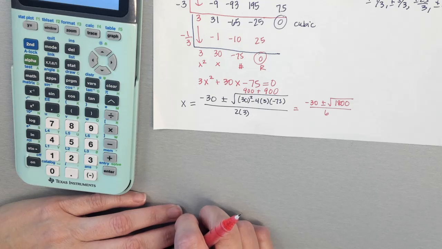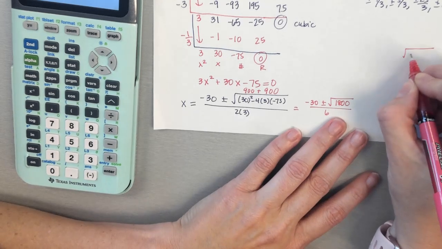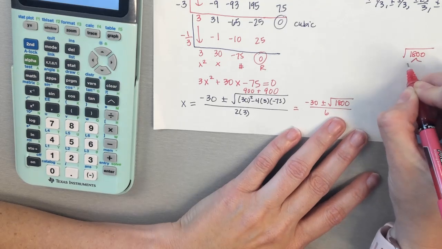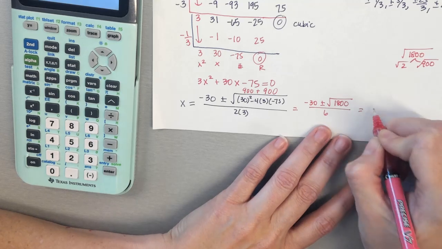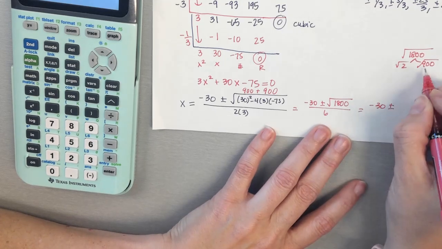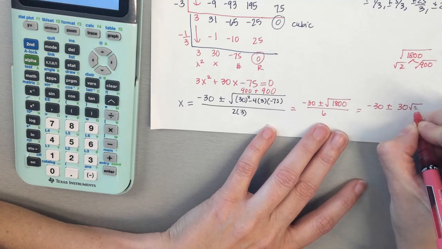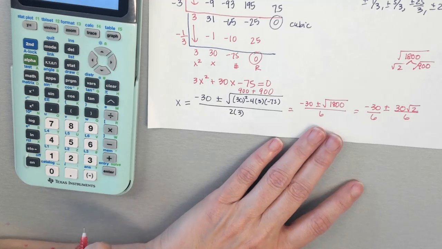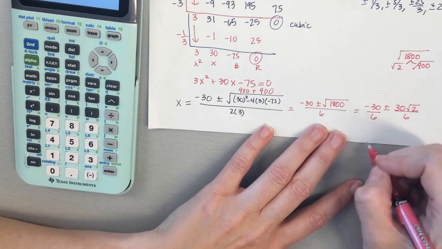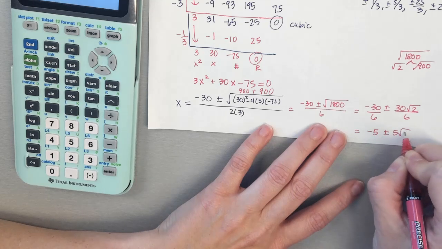Because it's 9 times 100, and aren't both of those perfect squares? So if you're simplifying 1800, this is just 2 and 900. So it's negative 30 plus or minus the square root of 900, which is 30, and then you divide each of these by 6. You have to make sure you simplify this step. So you should have negative 5 plus or minus 5 root 2.